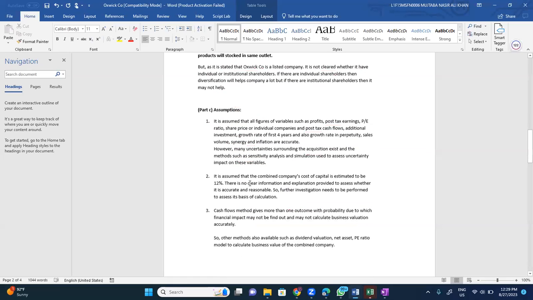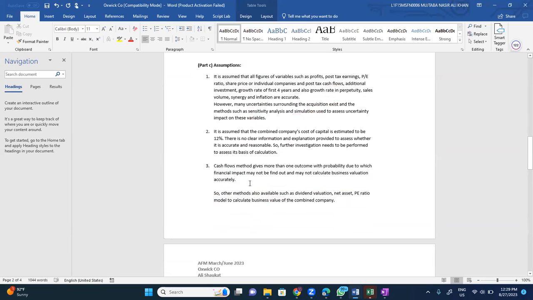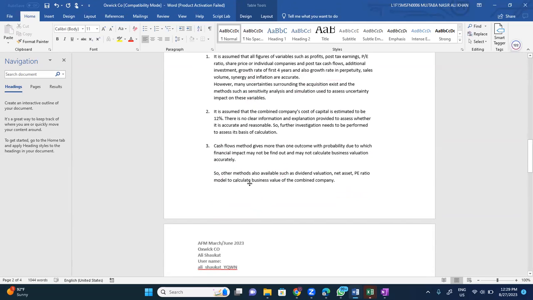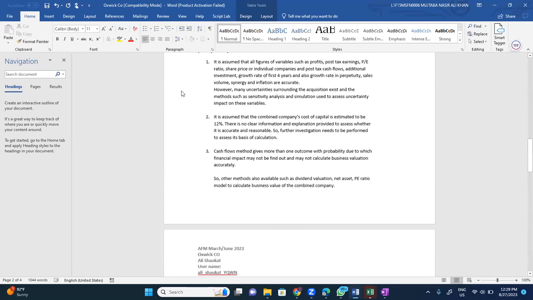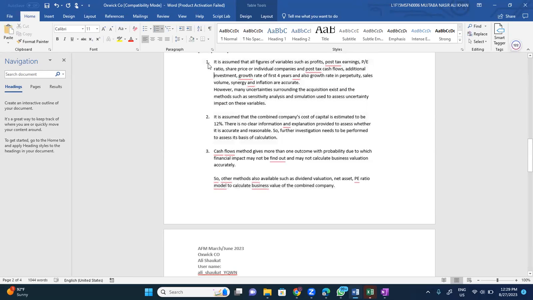Okay, assumption: it is assumed that all figures are such a profit versus company. It is assumed that combined cost of capital. Okay, by the way, these are correct. Just do one favor. Remove these numbers. You are already writing a paragraph. You are explaining it. This is not a bullet point. This is a proper explanation.